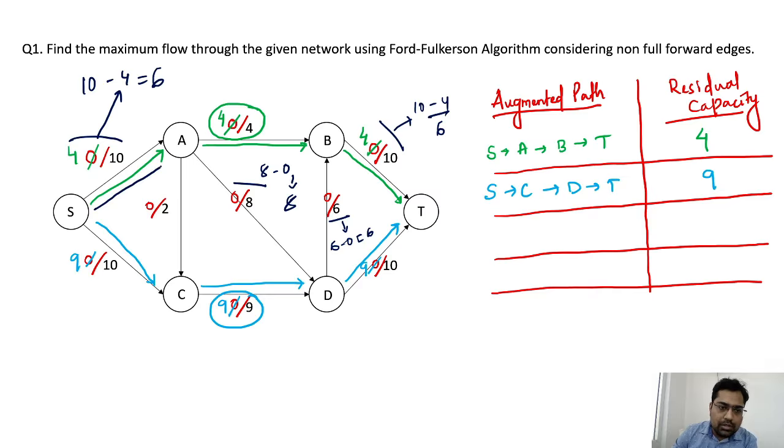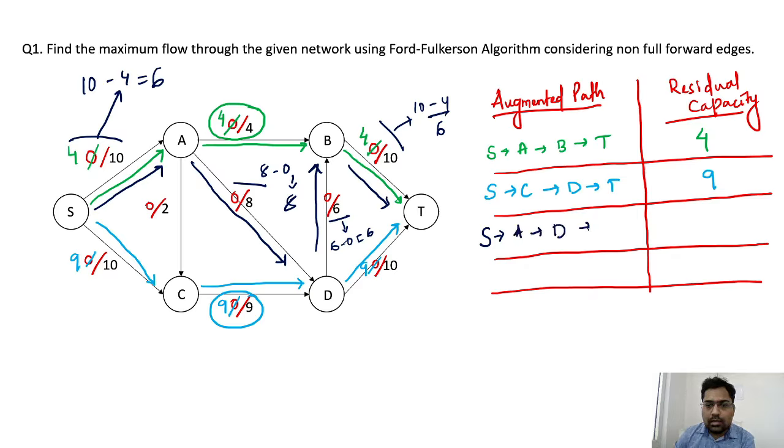This is one path we have selected: S to A, then A to D, then D to B, B to T. There are 4 edges, and the residual capacity we have selected is 6.